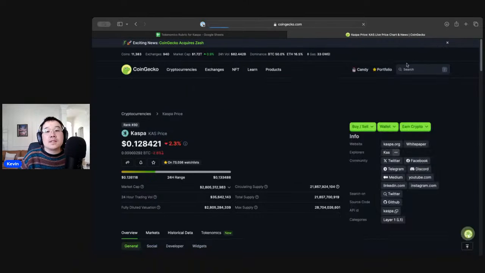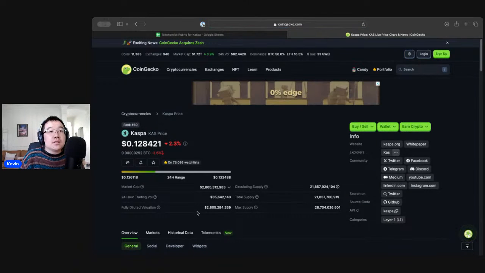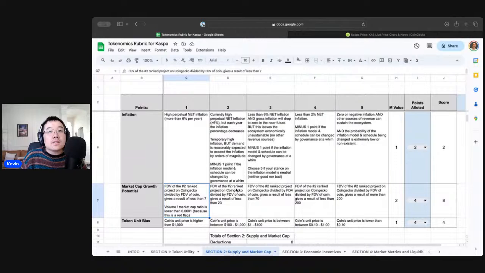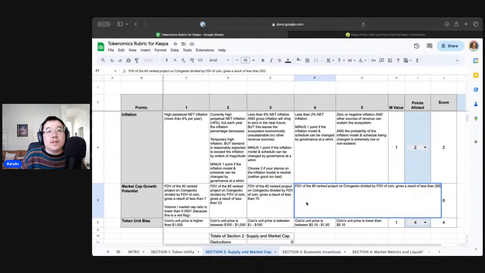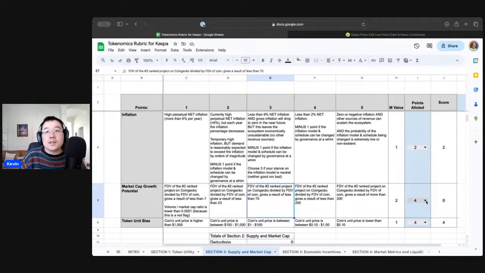Kaspa is 2.8. So 283 divided by 2.8, 101 is what I get. So result less than 200 is 101. So it's in this 4 column. Answer with 4. There's a lot of growth potential.